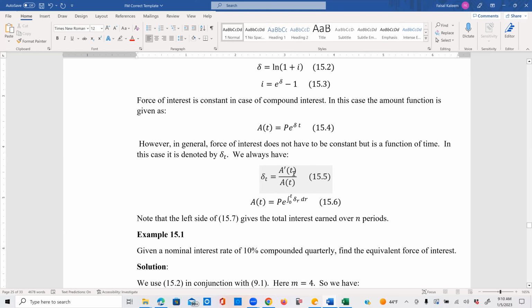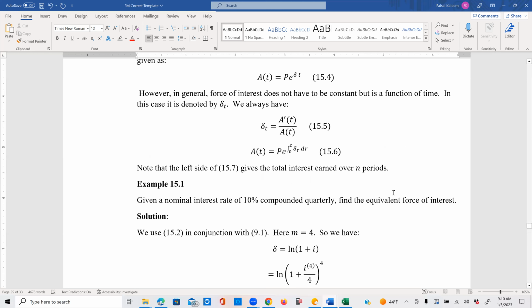So delta t is equal to a prime t over a(t). And from this, we can have a(t) is equal to P e to the power of the integral from 0 to t of delta r dr. And 15.6 is the most commonly used formula for finding the amount if a force of interest is given.